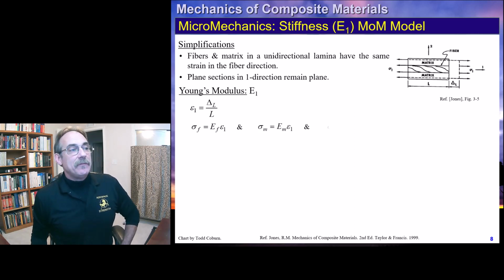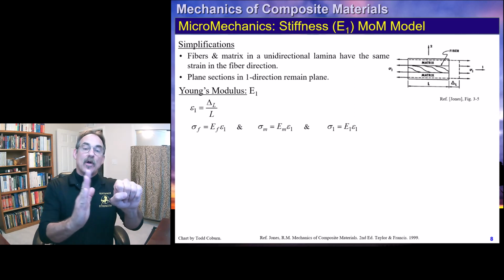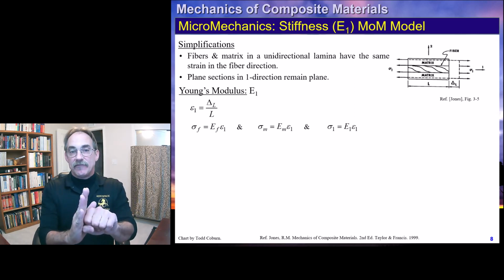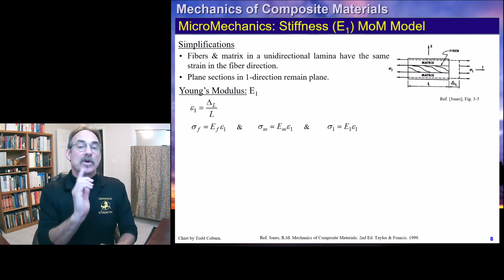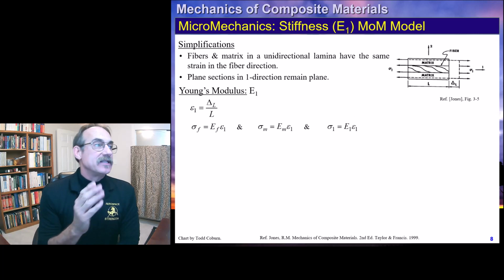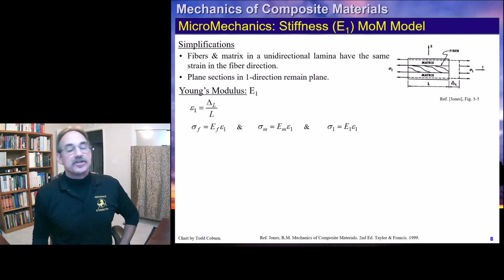We could say the same thing for the matrix, and then the element itself. Now remember, we're assuming that all these strain the same, so instead of the strain in the fiber and the strain in the matrix, we're calling that strain 1 for all three. The strain is the same, the only thing that's different would be the stresses and the moduli in that case.